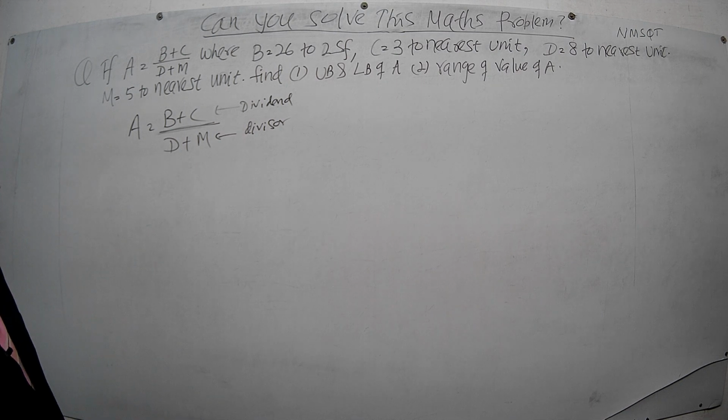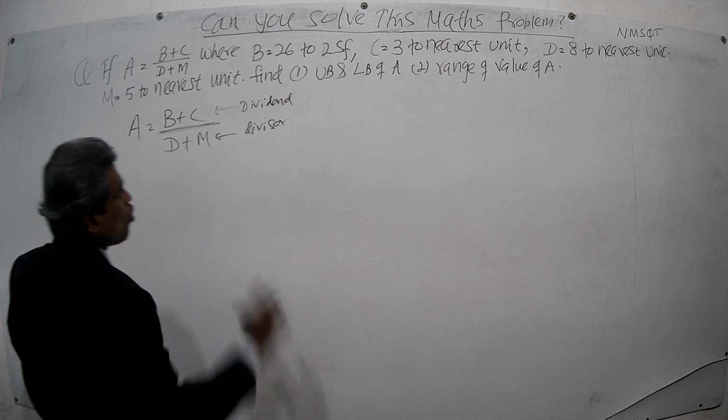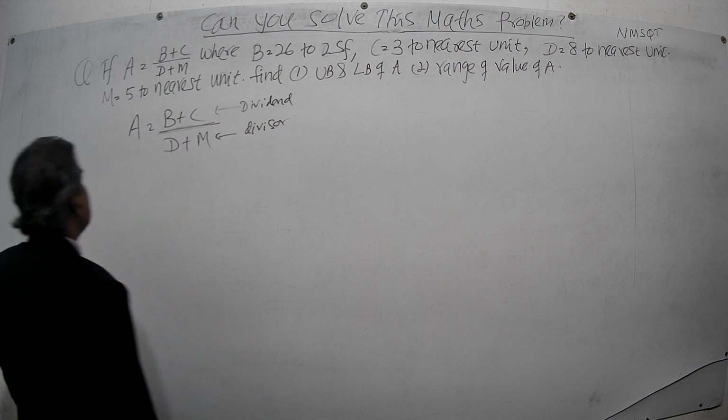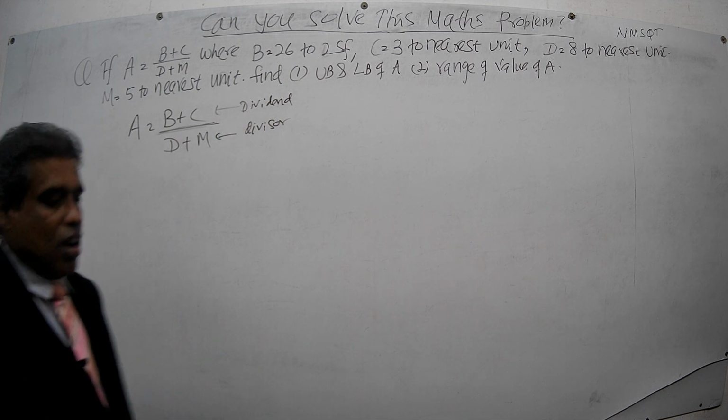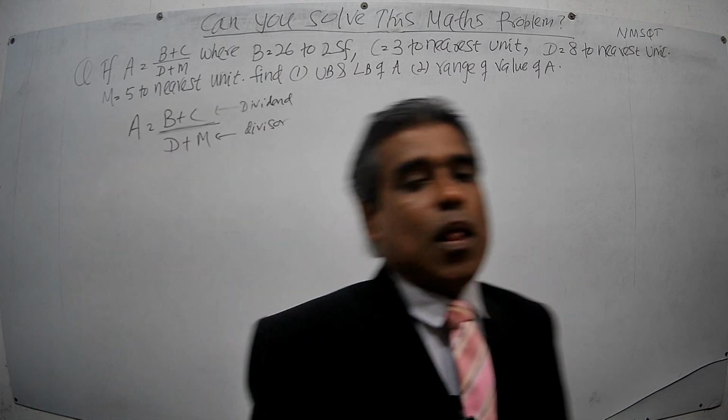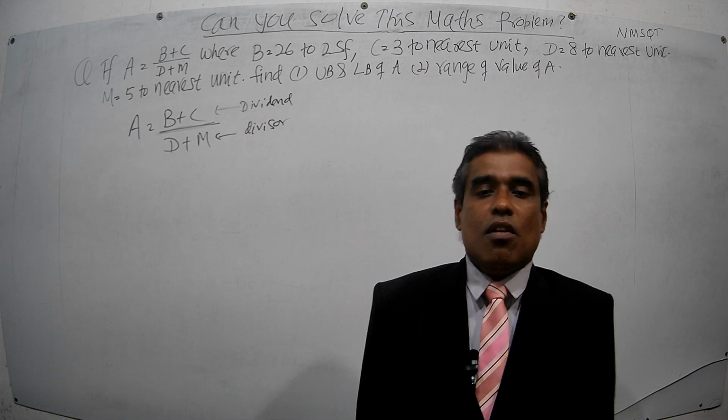Now we are asked to find the upper bound and lower bound of A. To find the upper bound and lower bound of a quotient, we have learned a particular formula.